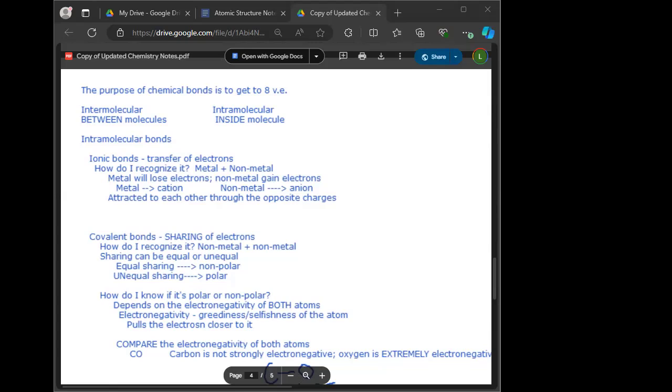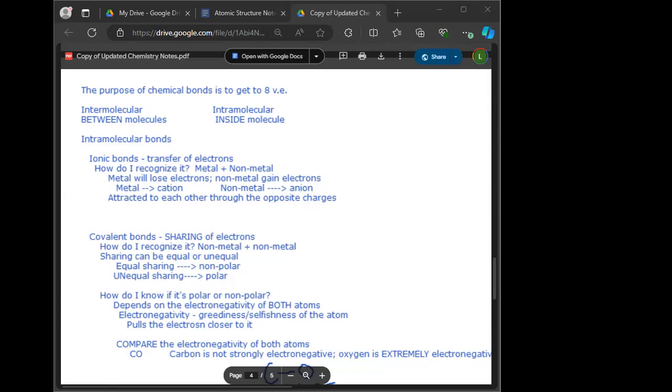And then the intramolecular bonds are inside of a molecule. So the typical bonds that we normally think of, the ionic and covalent, those are actually intramolecular bonds, not the intermolecular bonds.